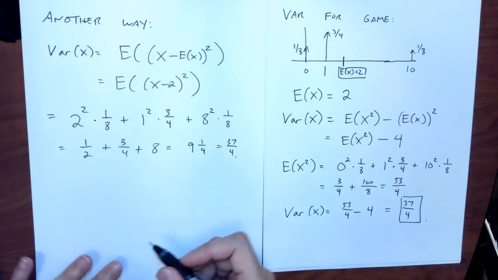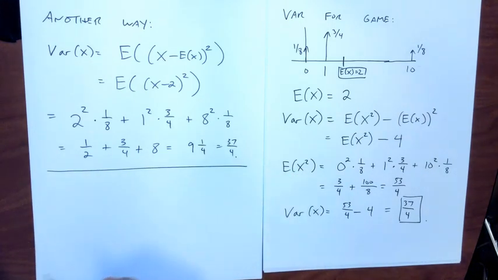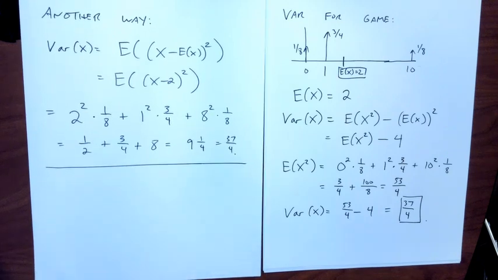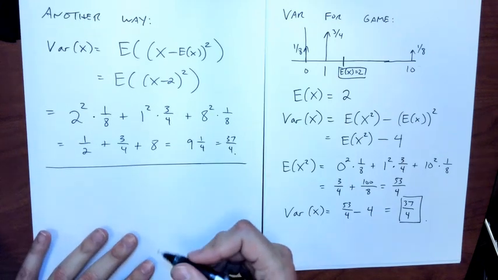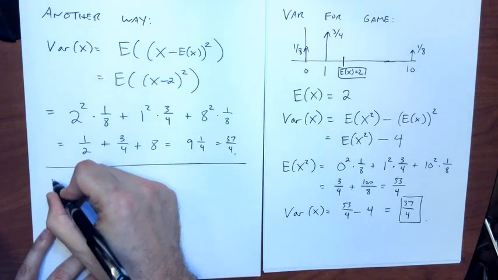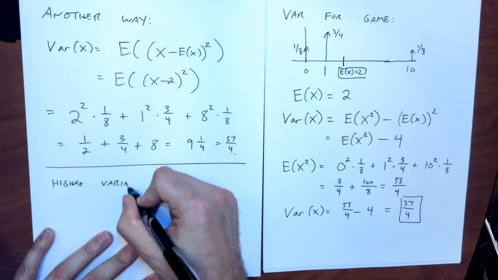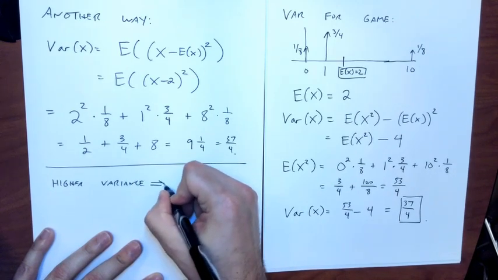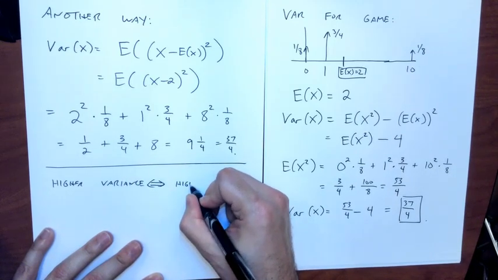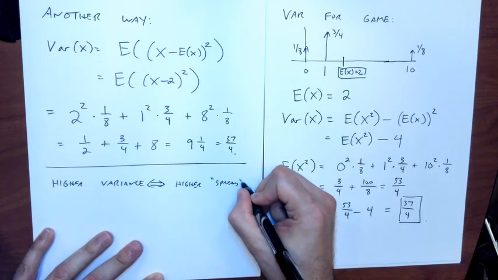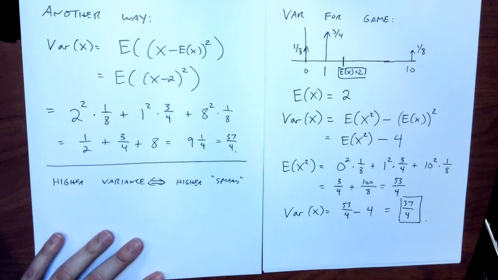Okay, so let me just say a few more things. One is that the intuition here is that a higher variance corresponds to a higher spread of values, more uncertainty.